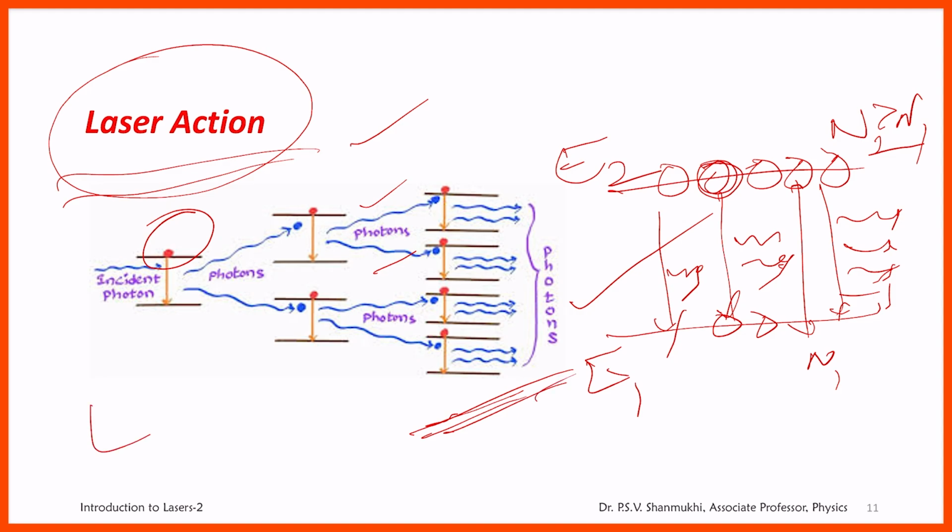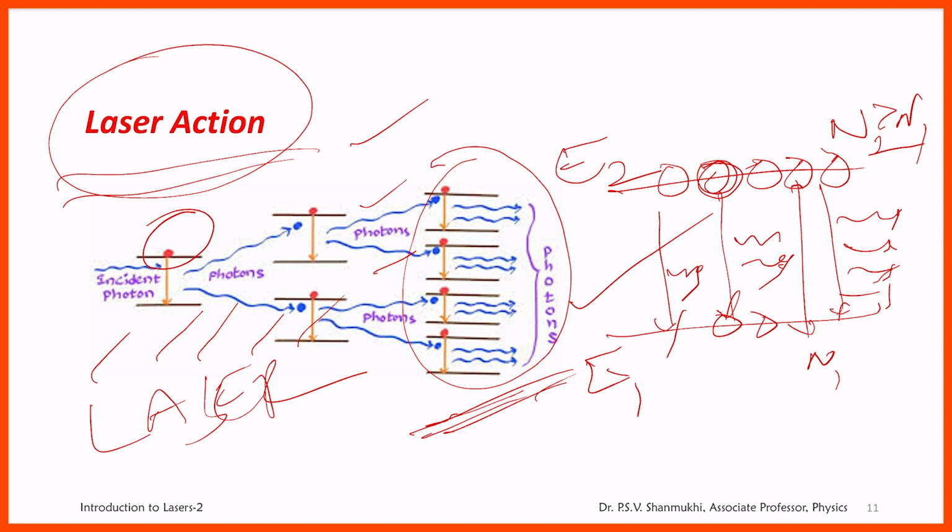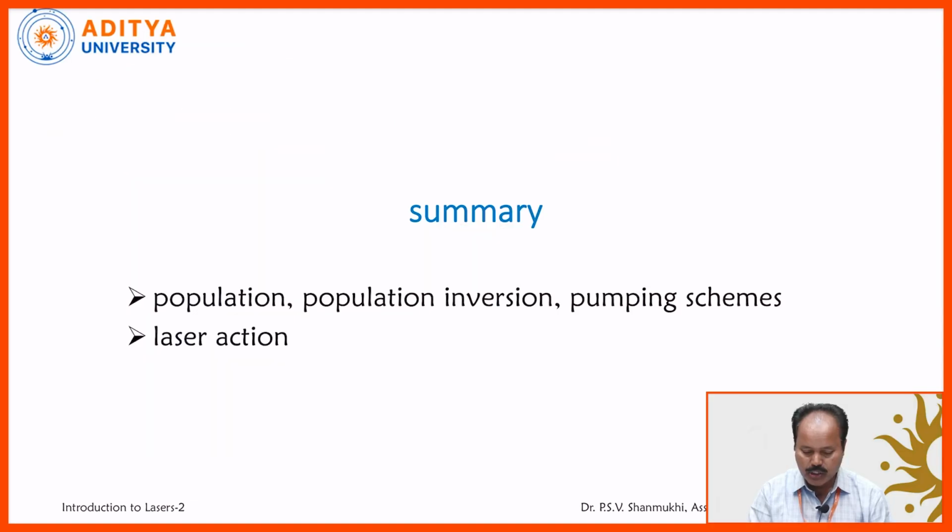Basically, what is meant by laser? Laser stands for light amplification by stimulated emission of radiation. Amplified light we are getting, and moreover stimulated emission, and also multiplication effect, highly intensified, highly directional light we are getting. So, to get the laser light, all these features are very much essential.